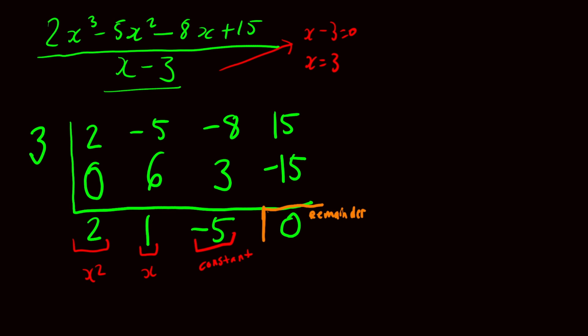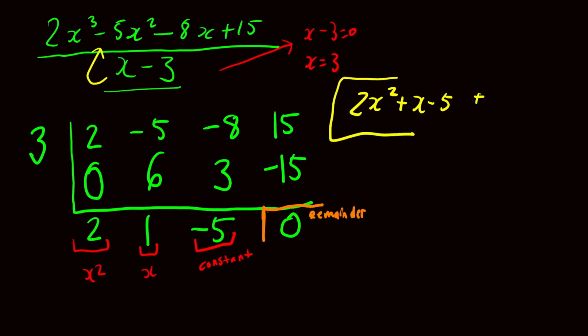So now we have our answer. So 2x squared plus x minus 5. And our remainder is 0, which means this divides perfectly into that. So that's just our answer. You could write plus 0, but I mean, that's not really necessary. But yeah, so 2x squared plus x minus 5, and that's our answer.